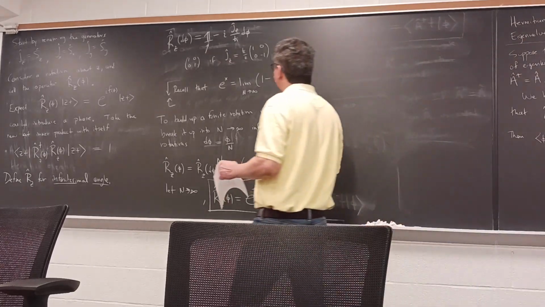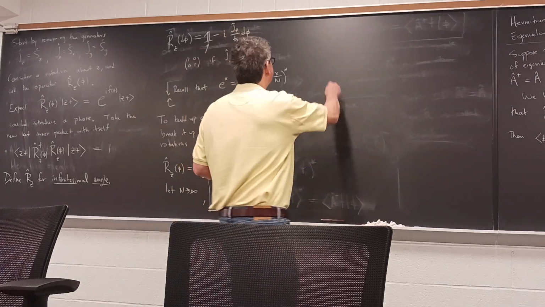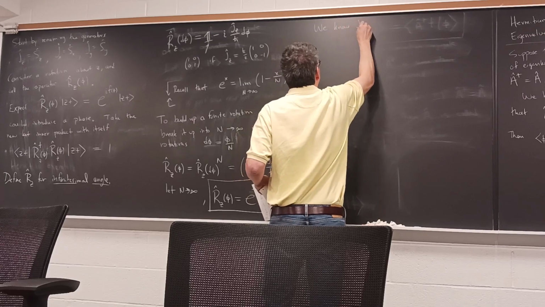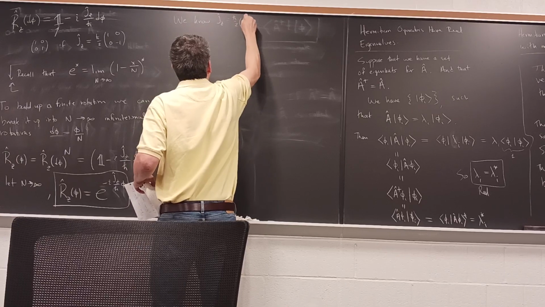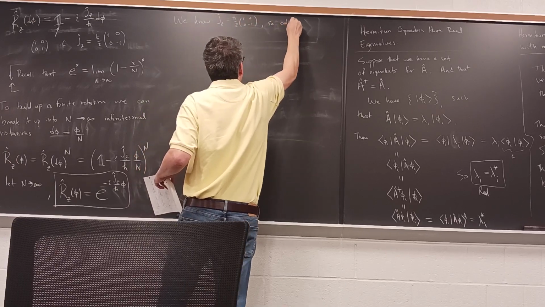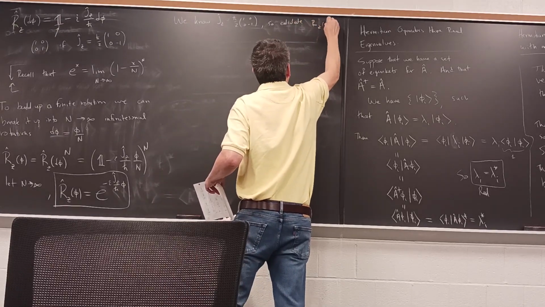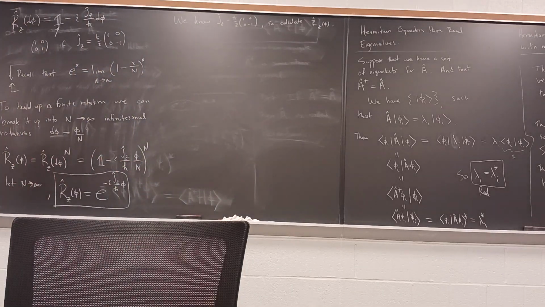Okay, so now we know JZ is equal to H bar over 2, 1, 0, 0, minus 1, so let's calculate RZ of phi as a matrix.